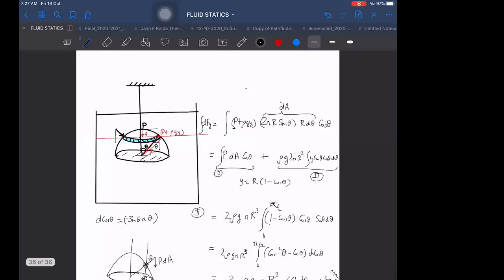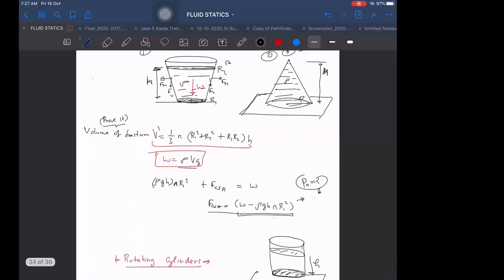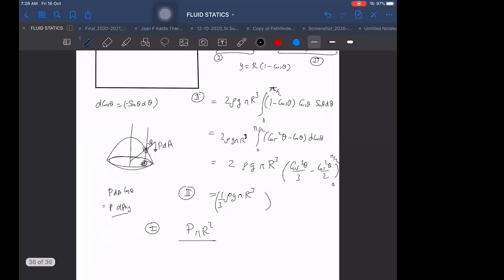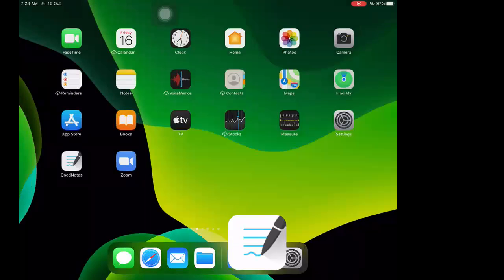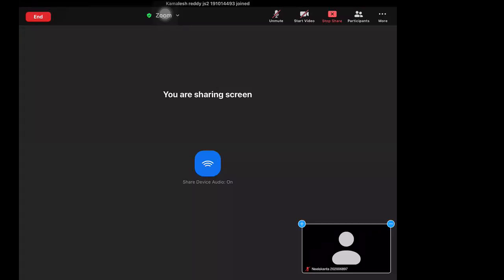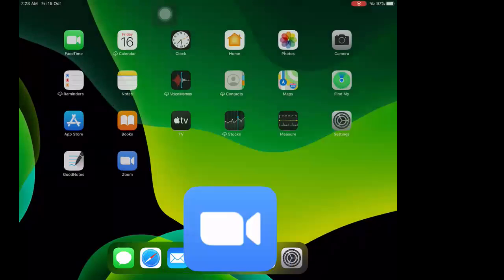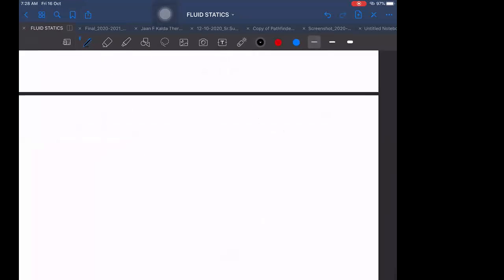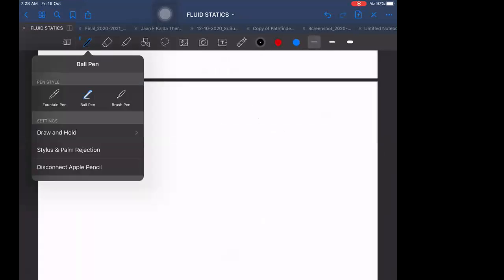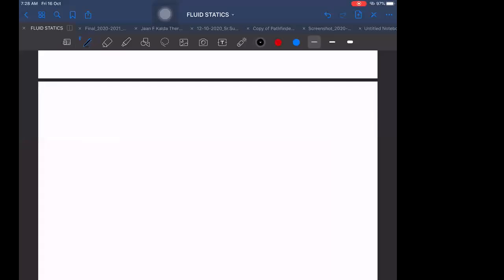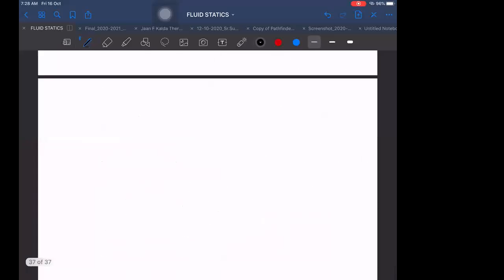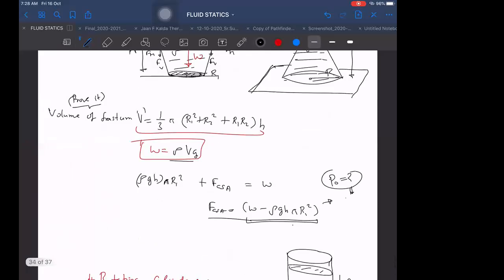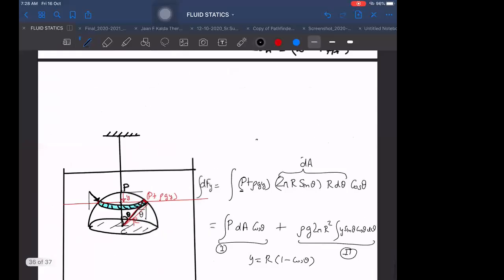Next we have the cone. Which cone? That inverted cone.